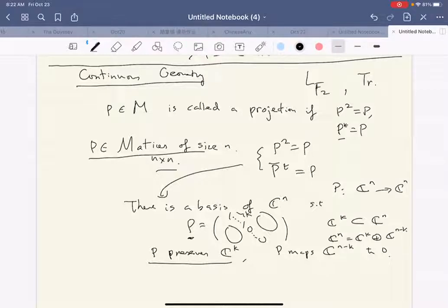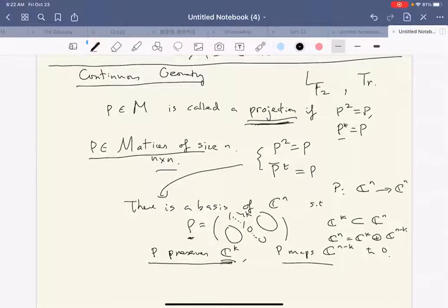Everything on the ground will be preserved, but anything orthogonal to the ground will project to the origin. So it's like a projector. It preserves this finite dimensional subspace but maps the complement to 0. That's the reason this is called a projection.